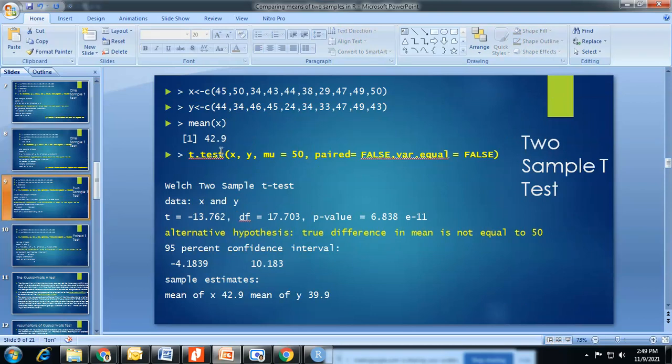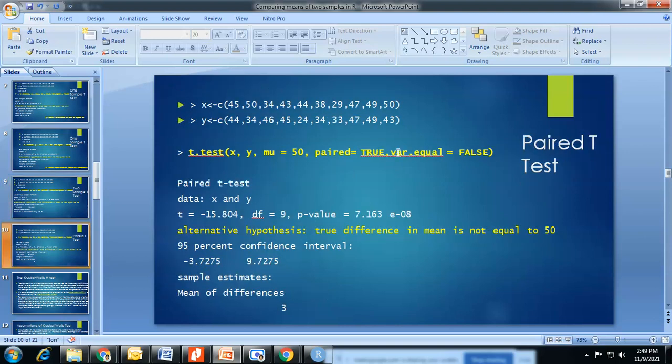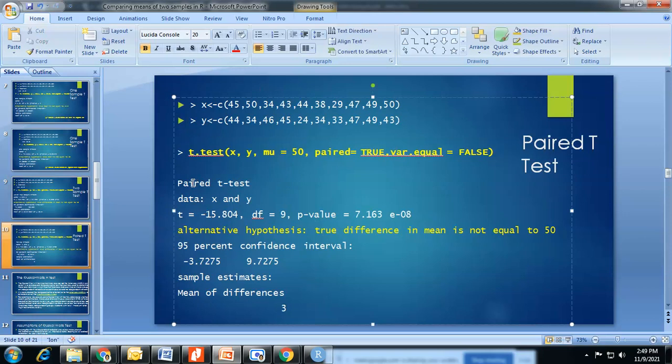Whenever you are including two variables and carrying out the paired test, you have to define paired is equal to true. Then you get a result like this. For the paired t-test, the data is x and y only, and then the t value, degree of freedom and p value are given.